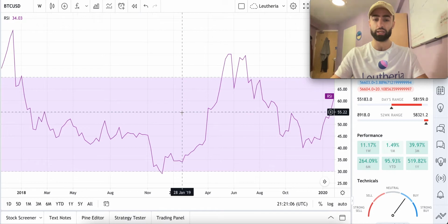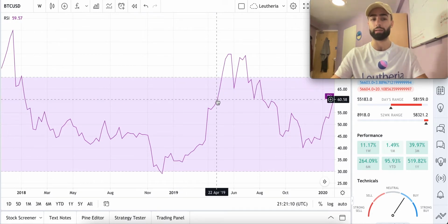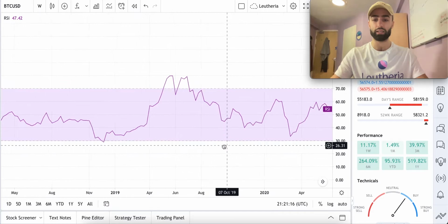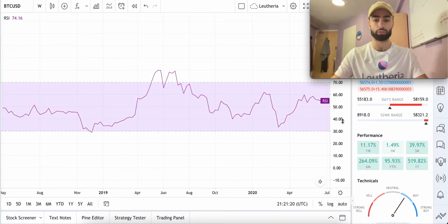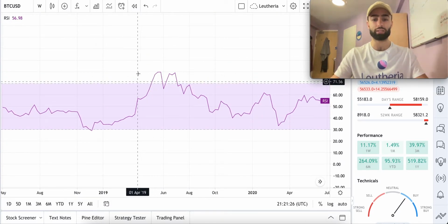It's a very simple indicator, like I said, so there are really three different zones and one line, and that's called the oscillator. The first zone is this white zone right here. The white zone is anything above 70 on the RSI.